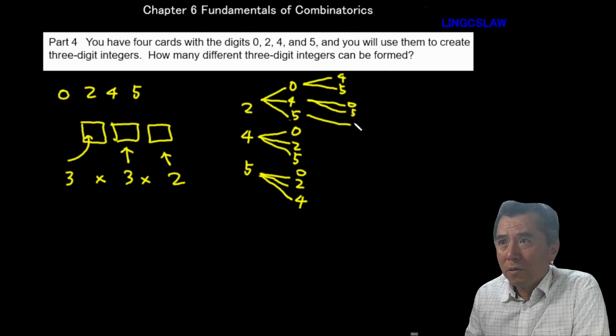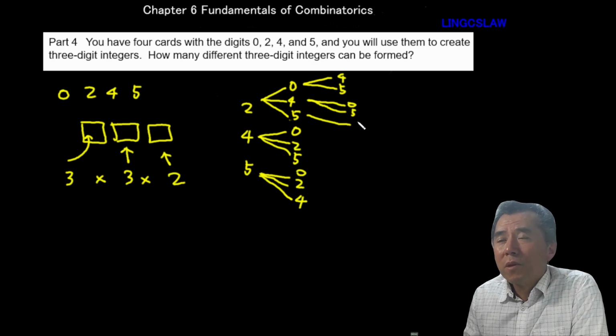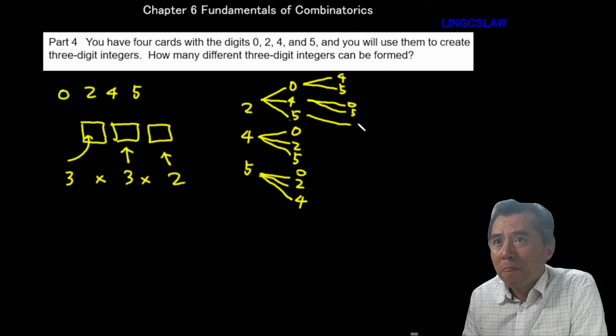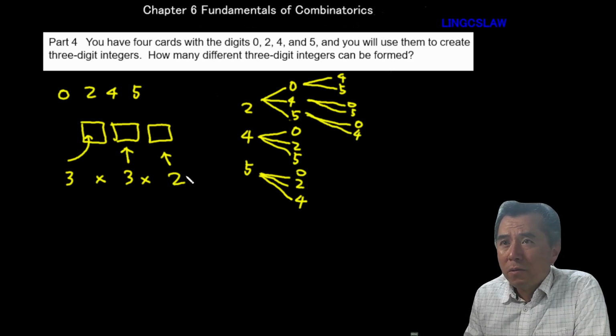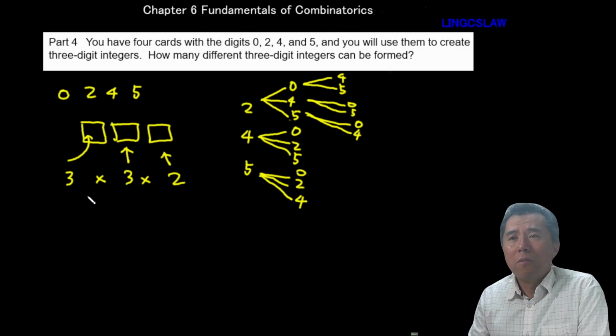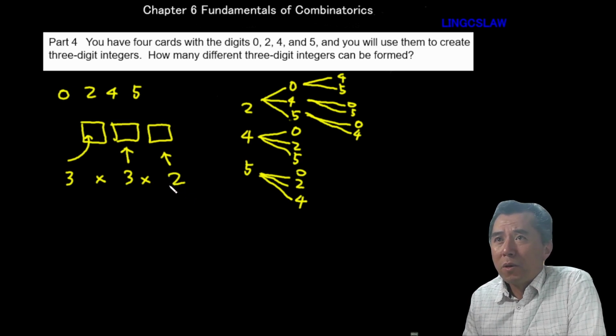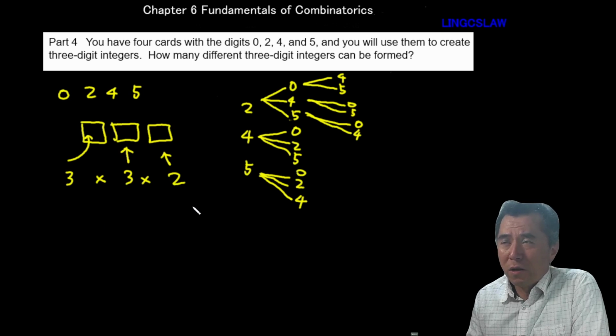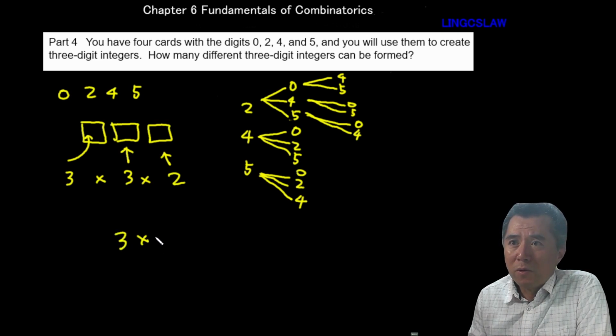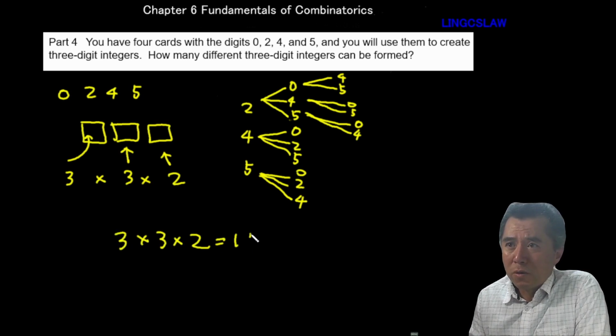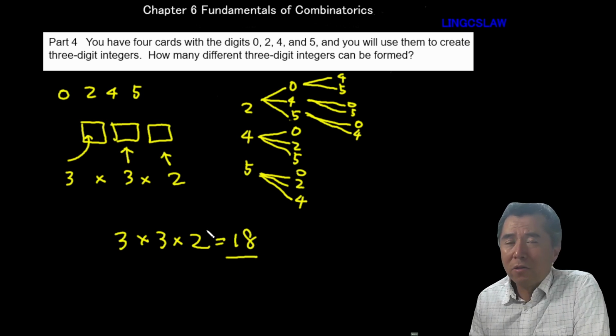And here the choices are 0 or 4. So if you multiply these numbers, you will get how many different 3-digit integers can be formed. So 3 times 3 times 2 equals 18. So this is the answer.